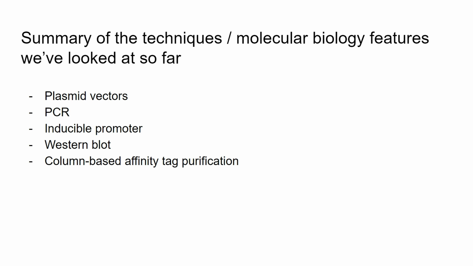We've talked about a Western blot, which is a way of detecting a specific protein of interest, confirming its presence using an antibody. And we've also talked about column-based affinity tag purification. So that was using the 6-histidine tag built into our plasmid vector as a means of purifying that protein.